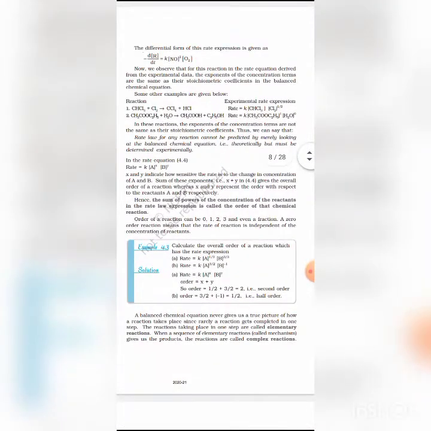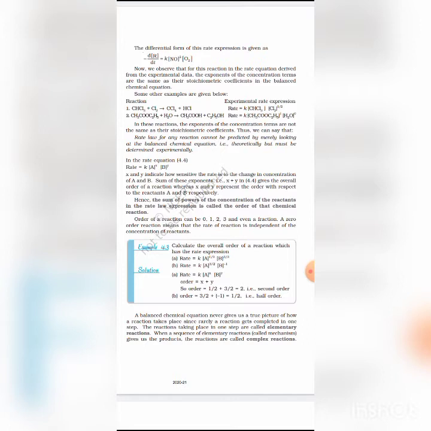Students, zero order reaction. Examples of zero order reactions are some enzyme catalyzed reactions and reactions which occur on metal surfaces, and decomposition of gaseous ammonia on a hot platinum surface.